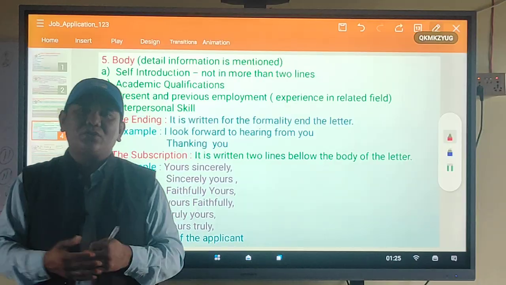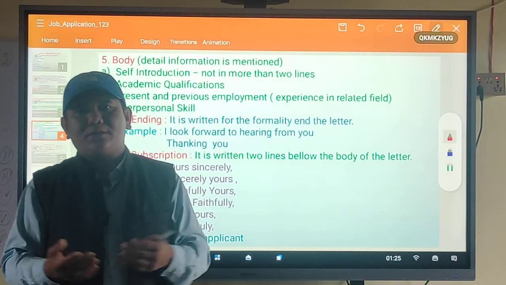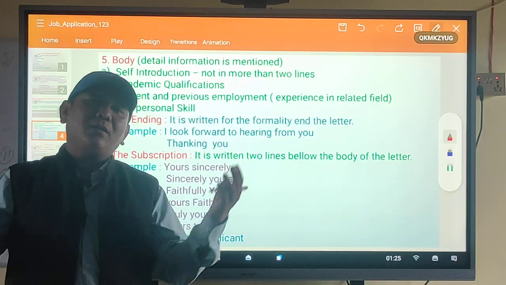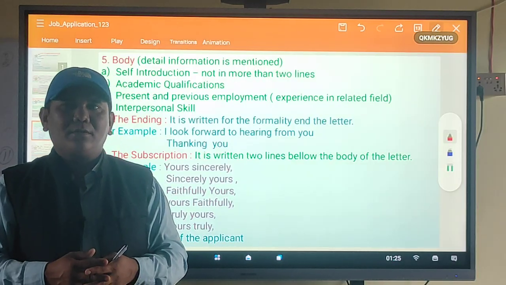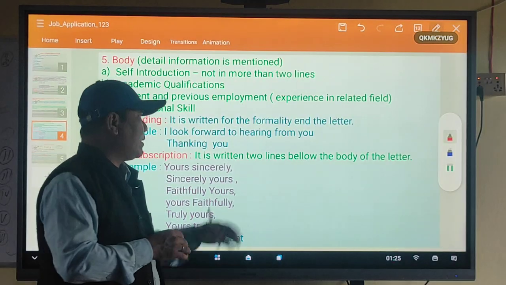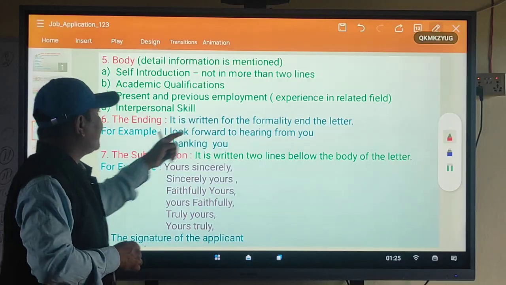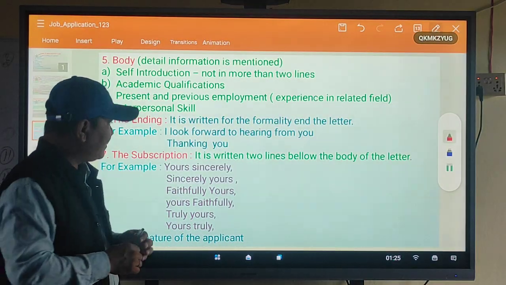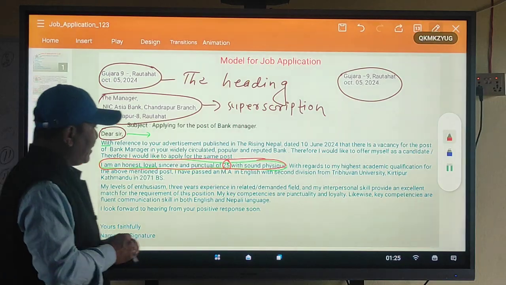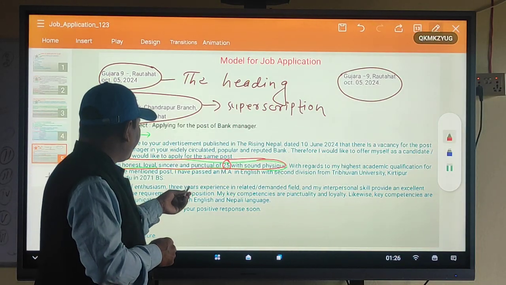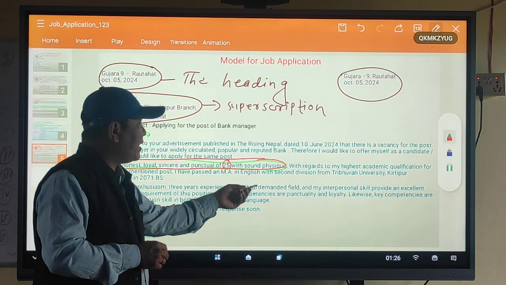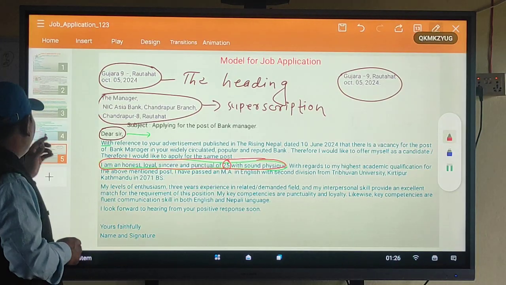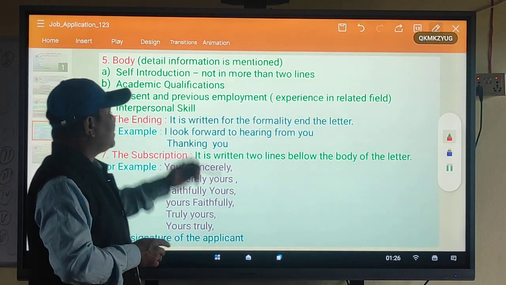This information you have to write as an experience in related field. As I have mentioned here, 3 years experience in related or demanded field. Now let's move to the interpersonal skills.